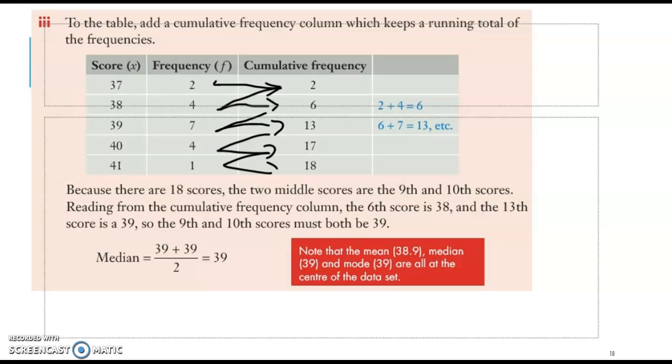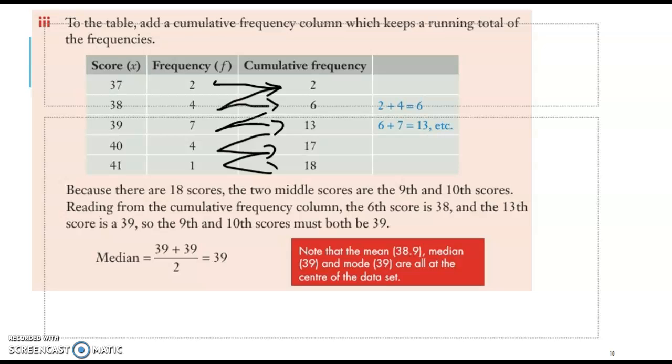And that means the median is 39. The other way you can do it is to write down the 9th and the 10th scores and add them together, divide them by 2, and of course that's going to give us 39.